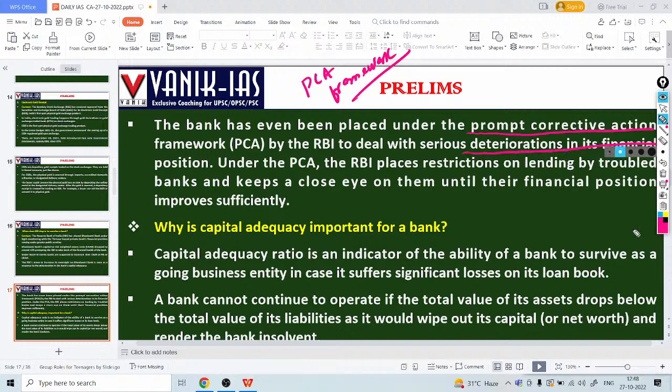Under the PCA, the RBI places restrictions on lending by the troubled banks and keeps a close eye on them until their financial position improves sufficiently.